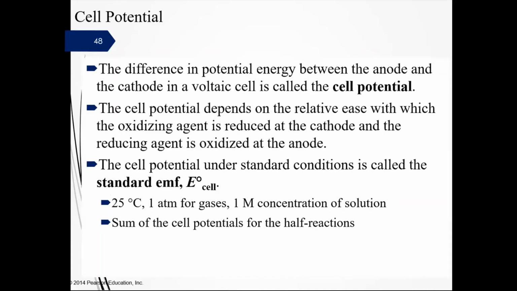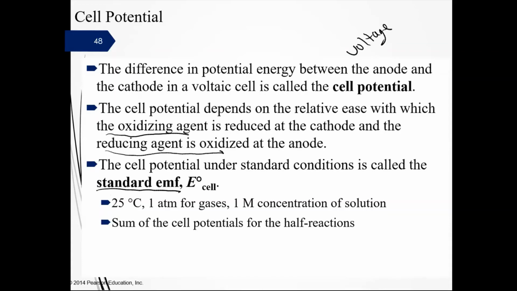So potential is tied in with our voltage. The cell potential basically depends on how easily one thing oxidizes versus the other one reducing. That difference between them we call the standard EMF if it's at standard conditions, and it gives us an idea about that energy in terms of potential or voltage between those two.